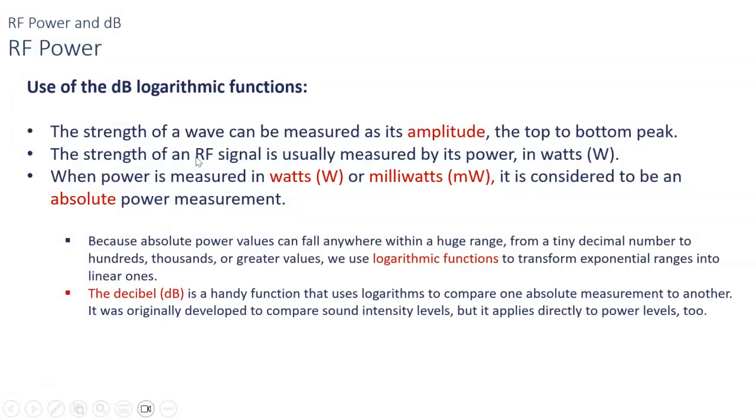When I measure the signal by its power, and the unit is watt or milliwatt, this is considered absolute power measurement. So when I measure the power of the signal in watt or milliwatt, this is called absolute power measurement. Because absolute power values can fall within a huge range.